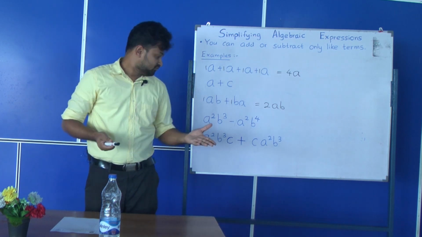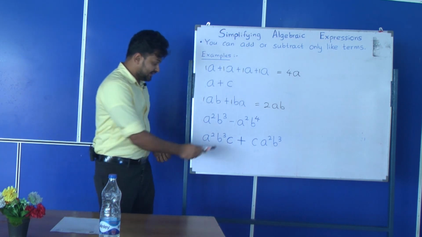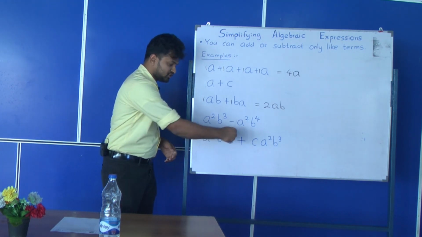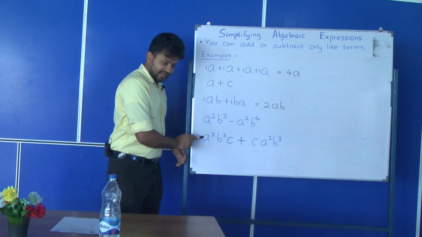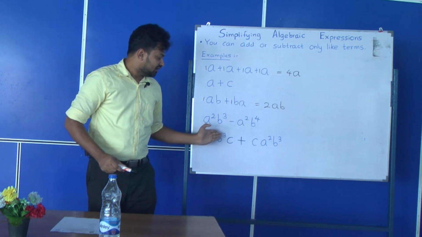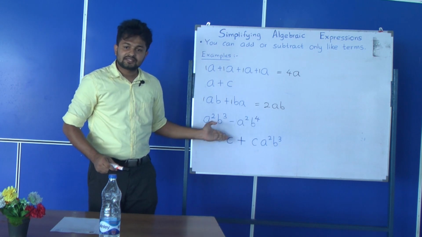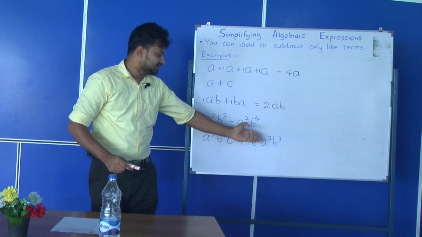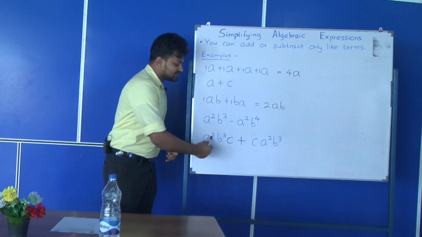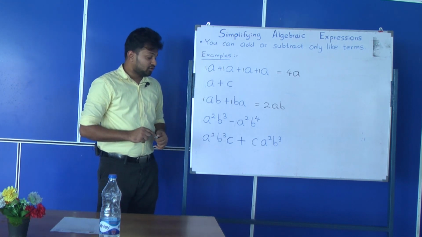It's also the same. Then what is the remaining one? It's C here, it's C there. I told you it doesn't matter that the position changes. Here A is in front, here C is in front. It doesn't matter. If you have the same thing here and there with the same power, you can take them as like terms. And how to add them?